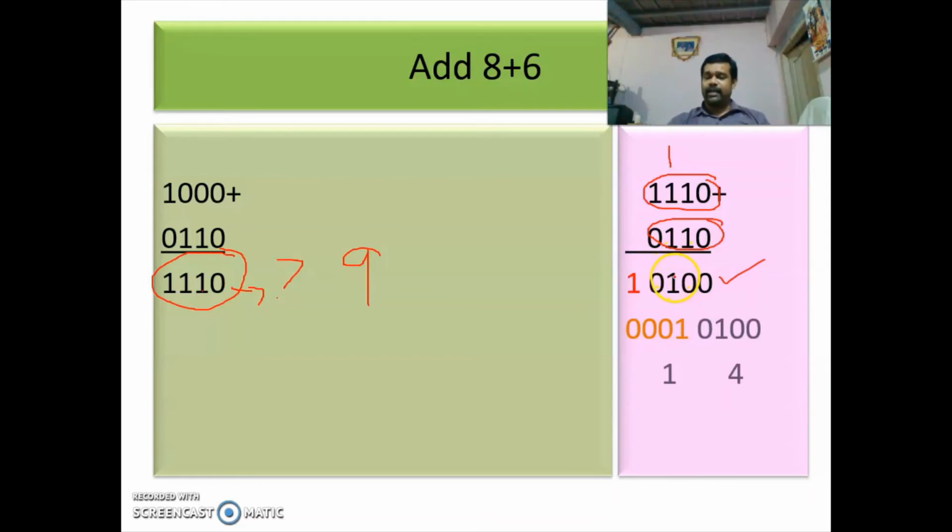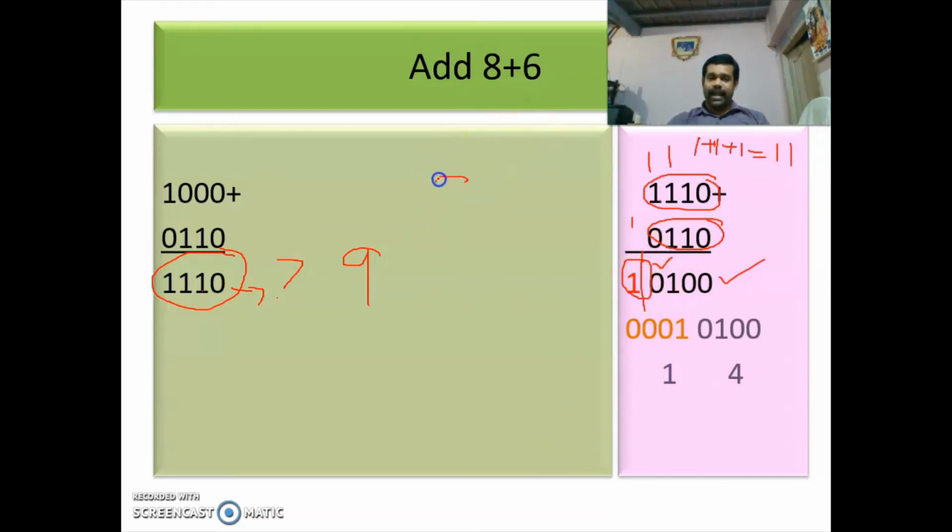So here you are writing the sum 1, and the carry you are writing here. So 1 plus 1 is 1, 0. You are writing the sum here and here you will be getting a carry. So you are getting an extra number.